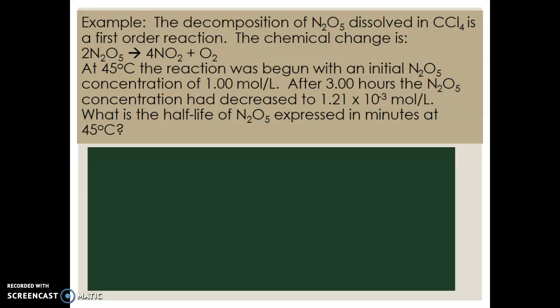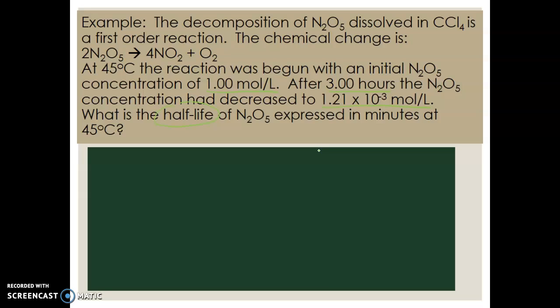The reaction has begun with an initial concentration of N2O5 of 1.00 moles per liter. After 3 hours, the N2O5 concentration has decreased to 1.21 times 10 to the negative third moles per liter. Now we want to find the half-life.